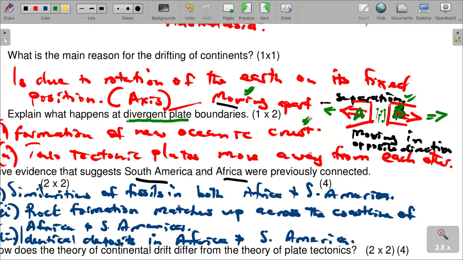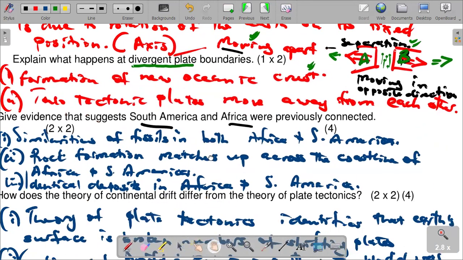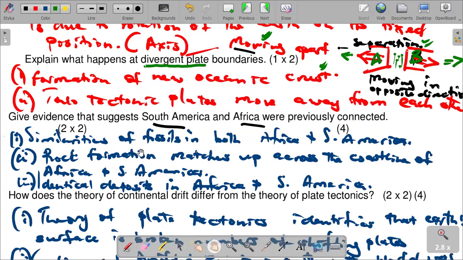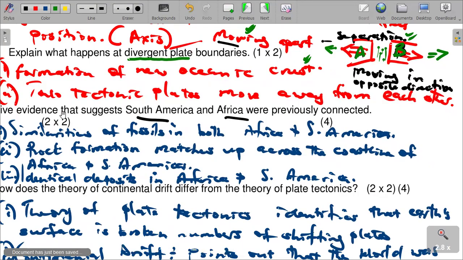Now, the next question is: give evidence that suggests South America and Africa were previously connected. In order for us to explain that Africa and South America were previously connected, what evidence do we have? They were once part of a supercontinent.